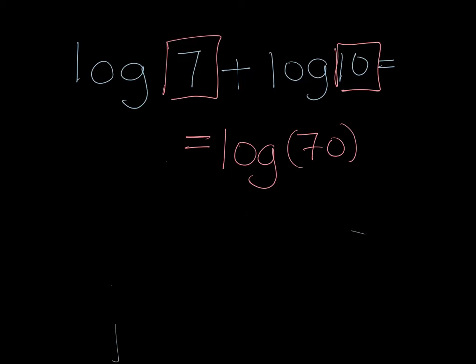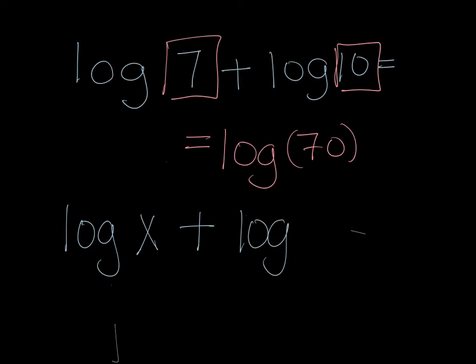And I'm done. Okay? So now we're going to do another one. Log x plus log 7 is going to equal log 7x. Notice I'm putting parentheses. You should get in the habit of writing the parentheses with logs. Okay, so this is with adding and multiplying. Make sure you have this down. If you have any questions, ask me tomorrow.